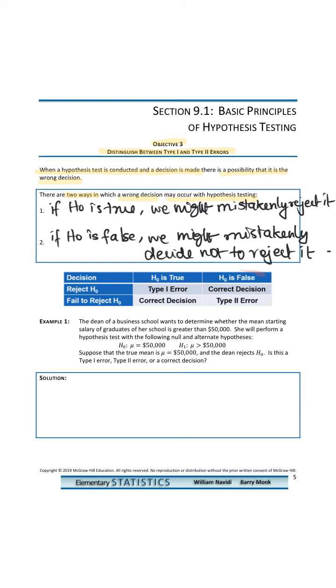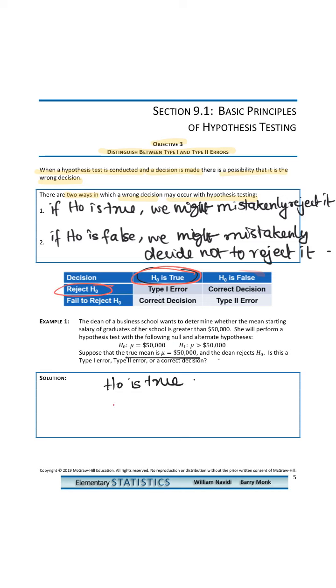So the true mean is 50,000. That means the null hypothesis is true, right? Because the dean rejects the null hypothesis, you can look at the table above: the null hypothesis is true, but the dean is rejecting.